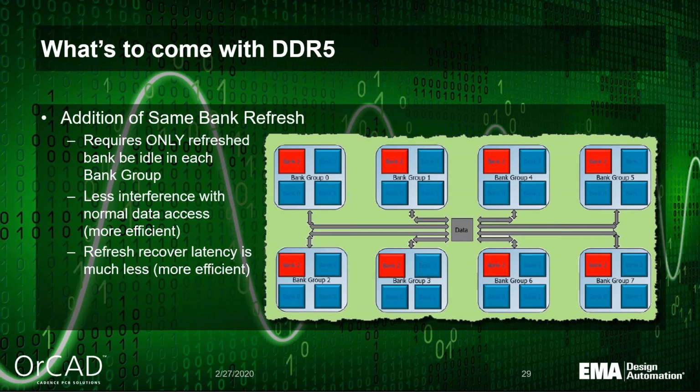So number one, it has to be idle in the first place, and then number two, once the refresh finishes, there's a recovery latency time. You have to wait a certain amount of latency time before you can begin to access that bank again. With the same bank refresh, that access time is much shorter.